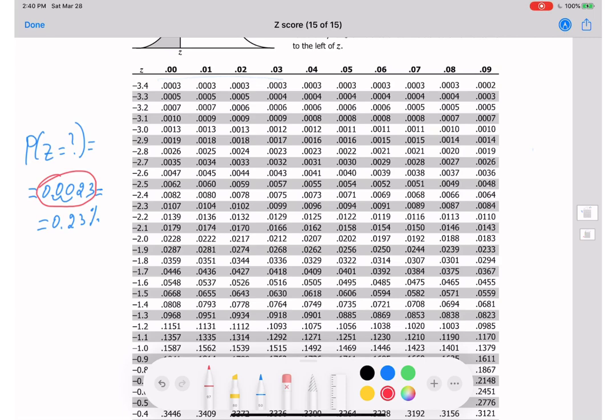And here it is, 0.0023. Now, if I go to the right from here, and if I go up, my z-score is gonna be how much? Negative 2.8 and 0.03, because here is my negative 2.8, here is my 0.03, so I get negative 2.83. So I can say that z-score of negative 2.83 is 0.23%.